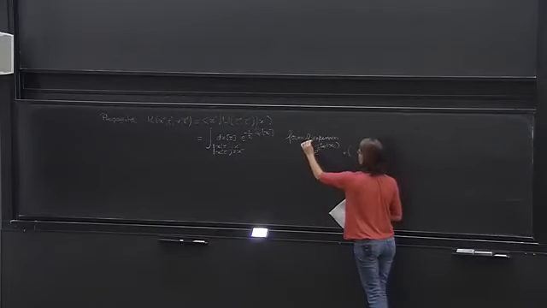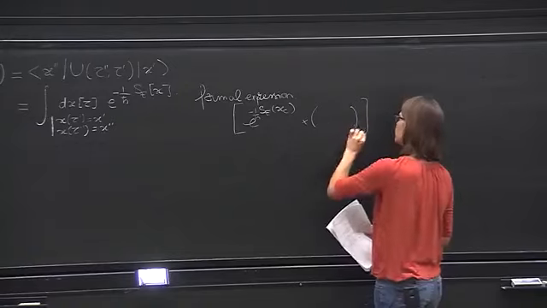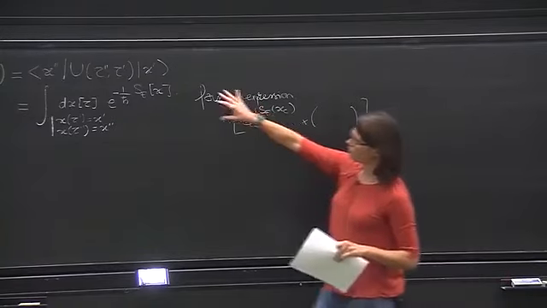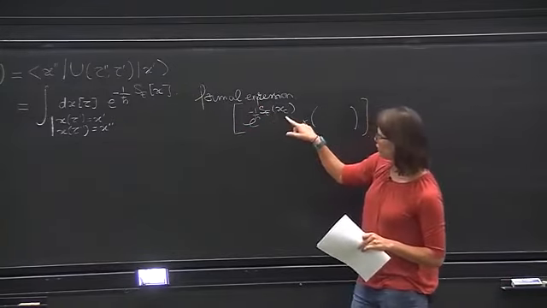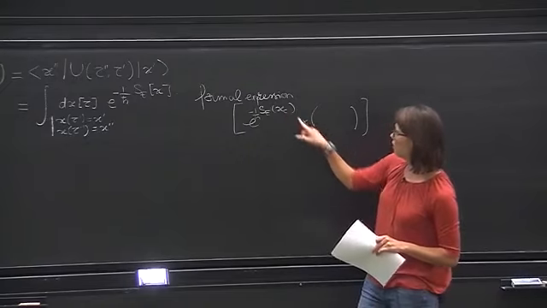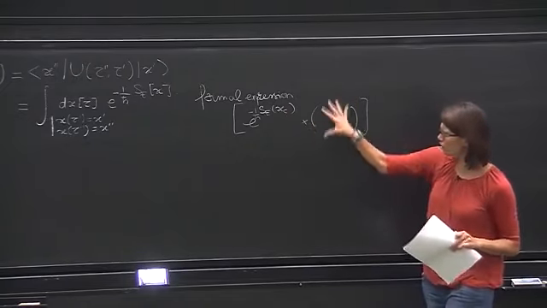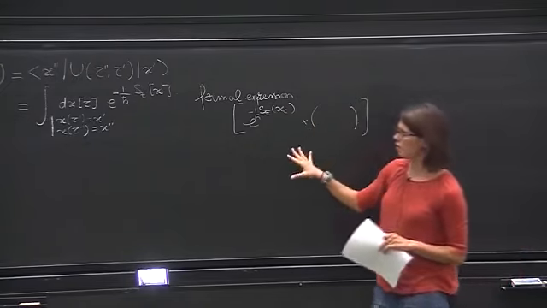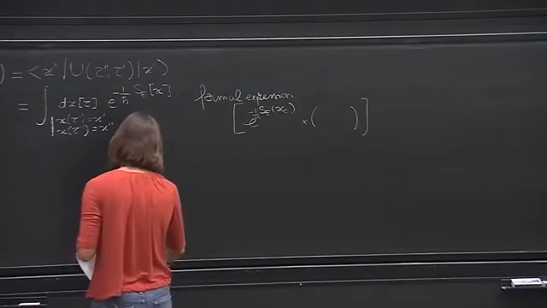This is a general feature: the path integral is going to be this kind of factor, the classical solution, times another factor.